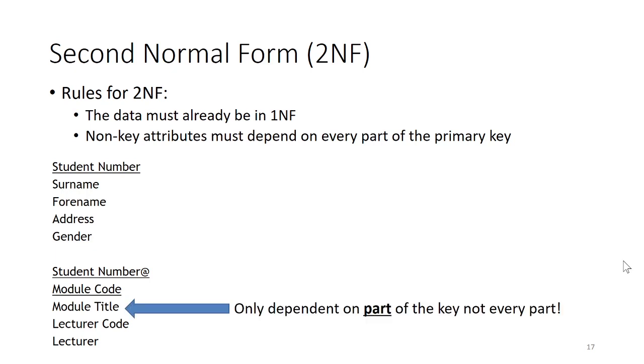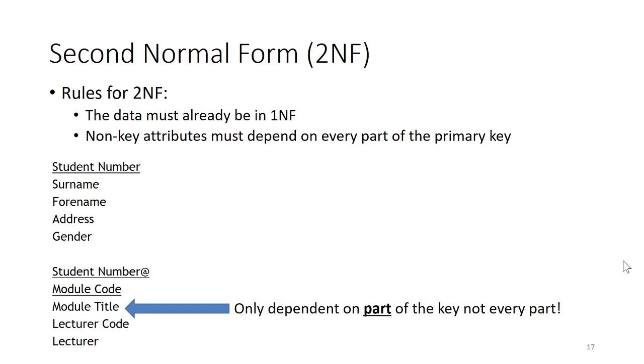And as you can expect, module title is dependent on just module code. So it's not dependent on student number. Technically we're asking, does module title require a student number?